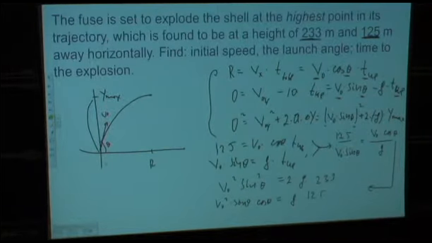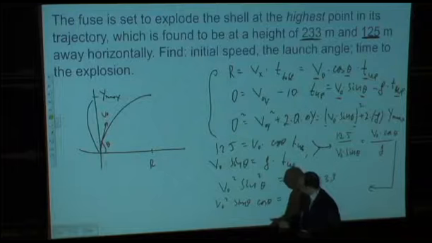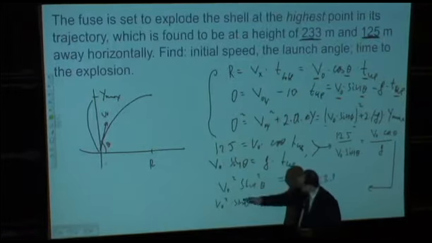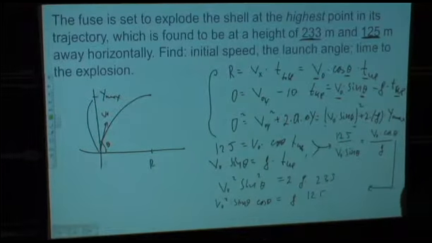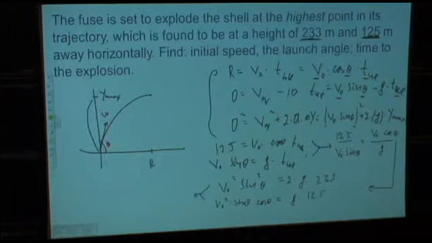And now I can repeat my simplification action. Divide both sides. If I divide this, this disappears, it gets cancelled. So if I do that, what do I have left?